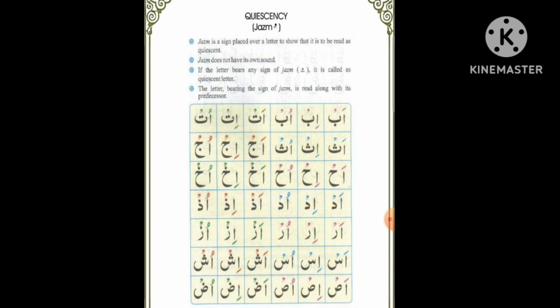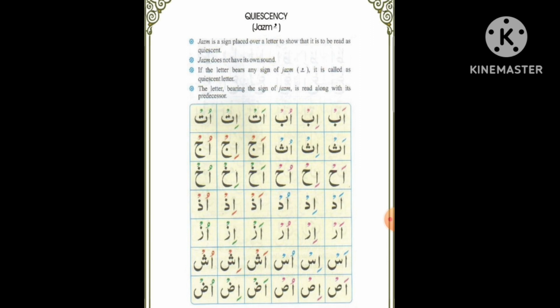Okay. Ad, id, ud, az, iz, uz, ar, ir, ur, as, is, us, ash, ish, ush, as, is, us. This is a sword. You can see that above it, it is a us.